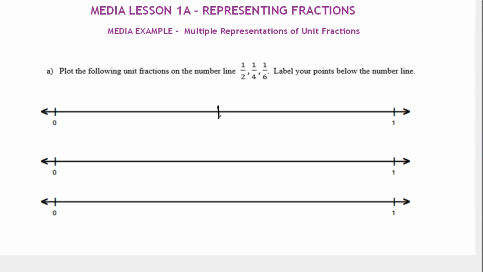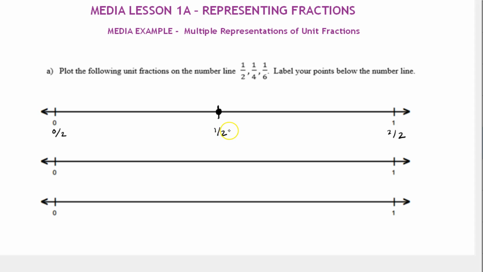So I'm going to label these. You probably wouldn't think of it this way, but 0 can be thought of as 0 out of 2. Then this is 1 out of 2. And this is the whole, which would be 2 out of 2. Okay. And we want to plot 1/2, and by plotting we mean putting a dot at the point 1/2.